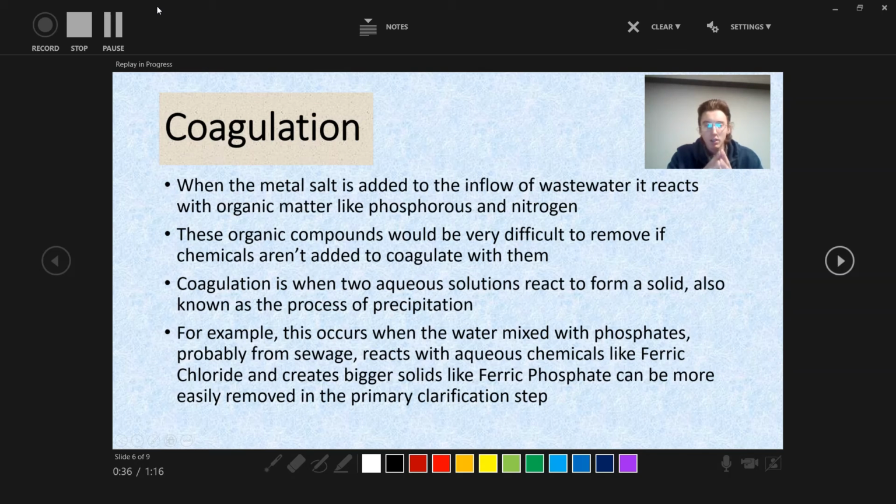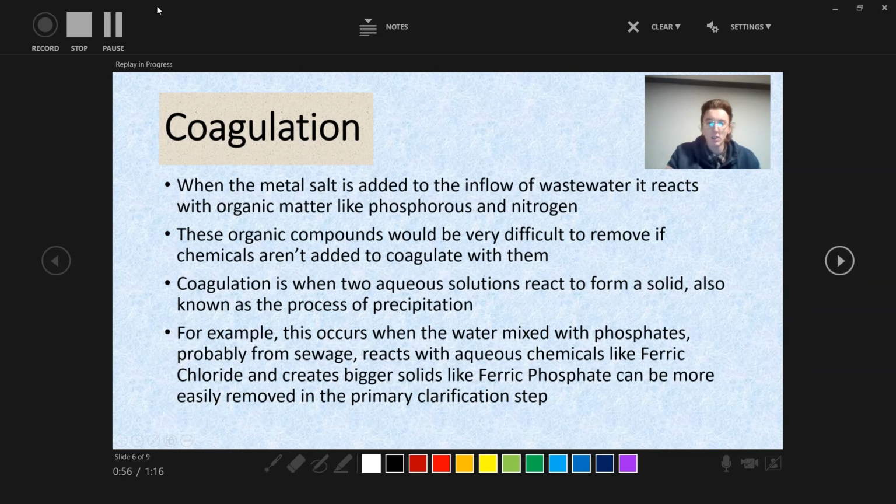These aqueous solutions are wastewater and a chemical, usually metal salt, such as ferric chloride. The wastewater is water containing excess nutrients such as phosphorus.